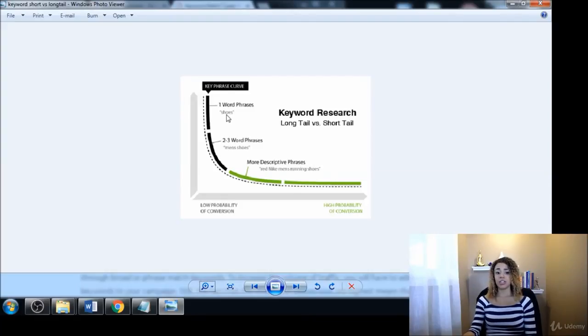People that are just typing in shoes are nowhere near ready to buy. They don't even know what kind of shoes they want, right? So that's why we like to go after these long tail keyword phrases, because not only are they easier to rank for, they're also easier to convert, because we're targeting the people that are closer to the end of the customer buying phase.